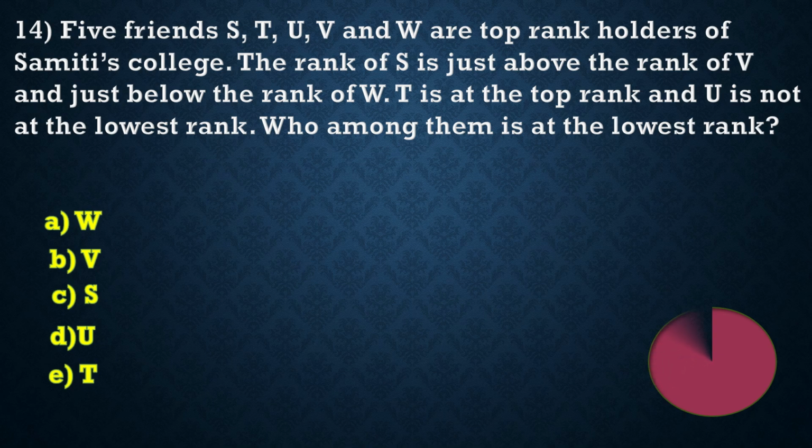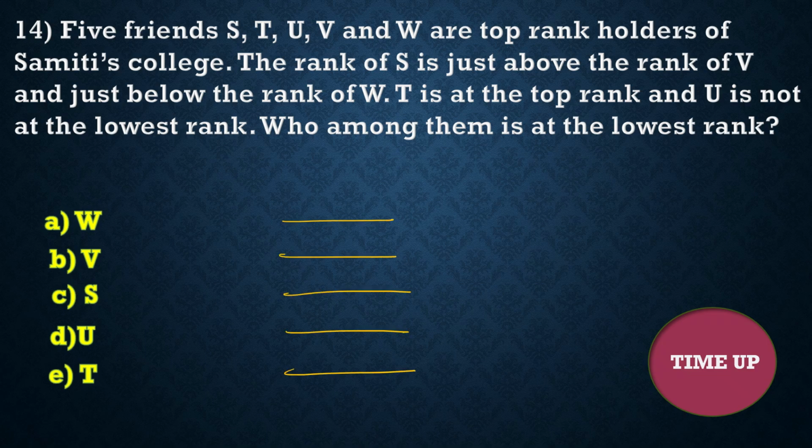The rank of S is just above the rank of V. Now they have mentioned in the question that S's rank is just above the rank of V. So you're sure that just before V you should place S. That is what is told in the question.